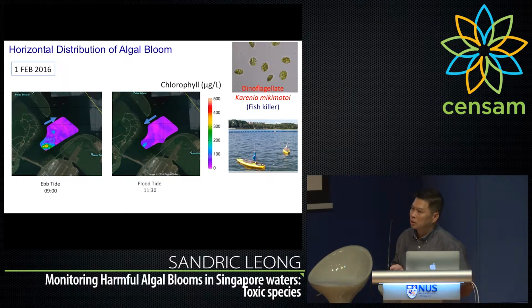We used the autonomous surface vehicle with optical sensors attached to the bottom of the kayak, and we managed to map patches of highly concentrated cells in the middle of the channel during the ebb tide at about 9 a.m. After a few hours, we came back to map again during the flood tide, and the bloom was basically gone. They were mainly pushed into the channel, with only a few very small patches at the edge, in the middle of the channel.